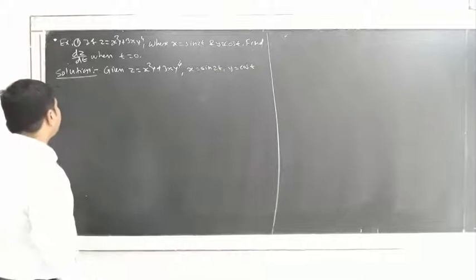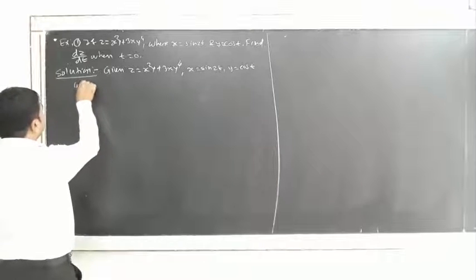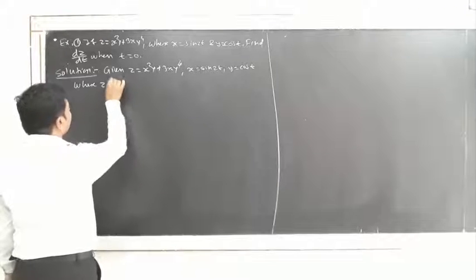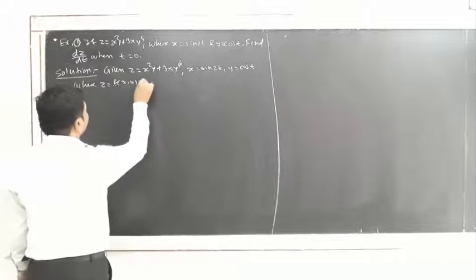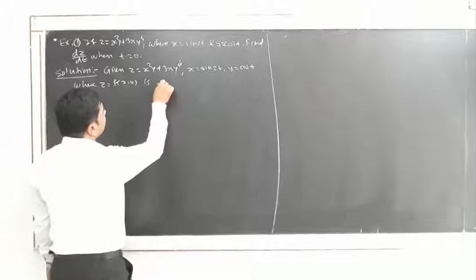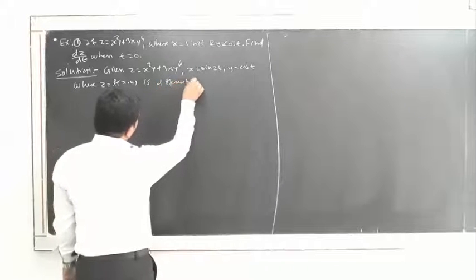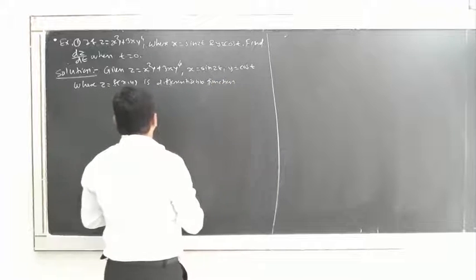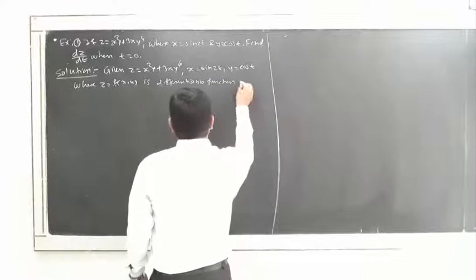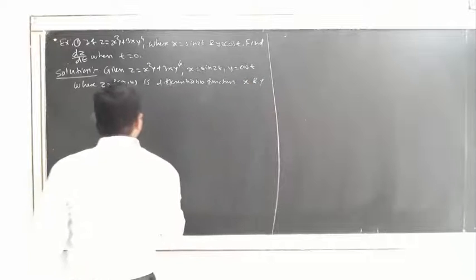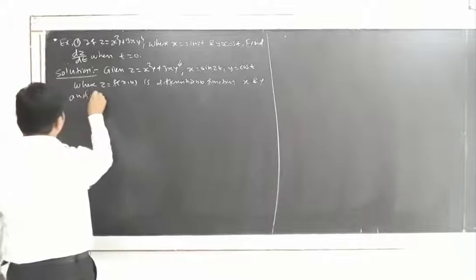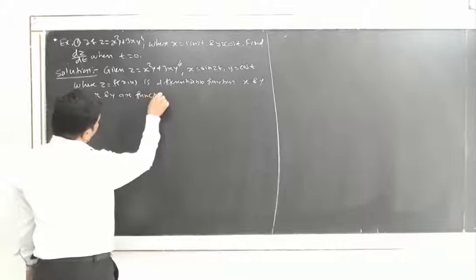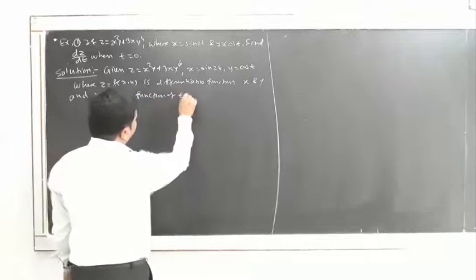Now what we can see here, z is equal to f of x, y, a differentiable function of x and y, and x and y are functions of t.